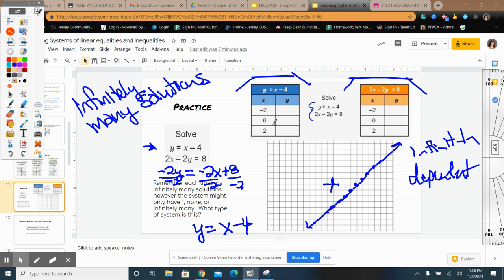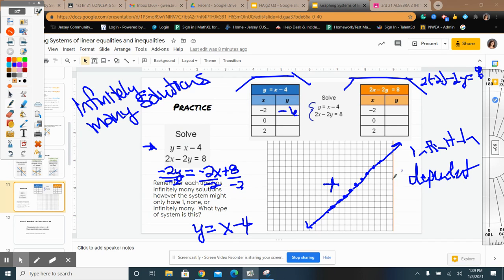Now, in the table, if you did this, you could see this as well, but the table shows 3 of the solutions. The picture shows all of the solutions. So there can't be more than one place of intersection unless it's infinitely many. If you plug negative 2 in here, negative 2 minus 4 is negative 6. If you plug negative 2 into here, you would get 2 times negative 2 minus 2y equals 8.